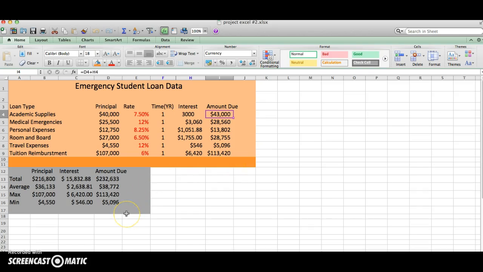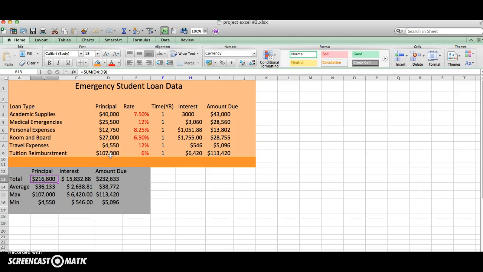Then, as I had explained before, I had to show total, average, max, and minimum for principal, interest, and the amount due. So for the total, I put total, and that's the formula for the sum, and it calculates everything from D4 to D9.